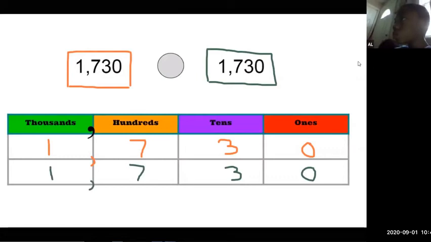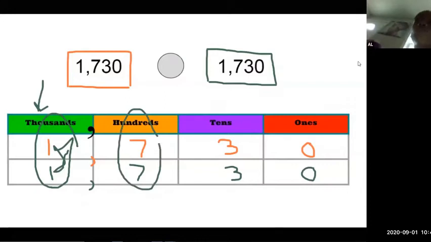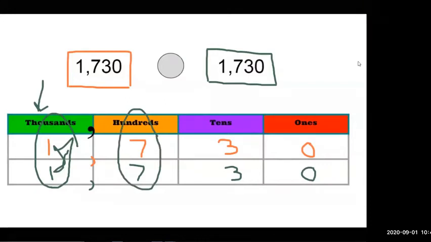Okay, we're going to start with our thousands place to compare. We have 1,000 in both of these numbers, and 7 hundreds in both of these numbers, 3 tens in both of these numbers, and 0 ones in both of these numbers.